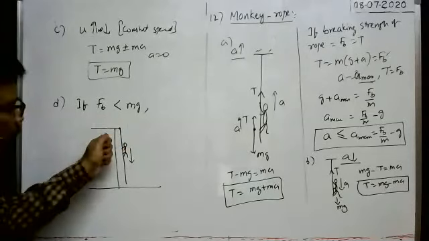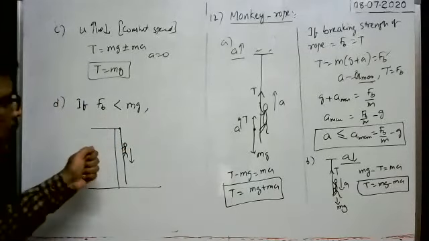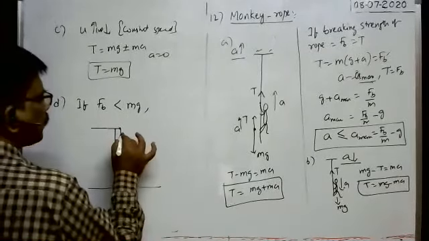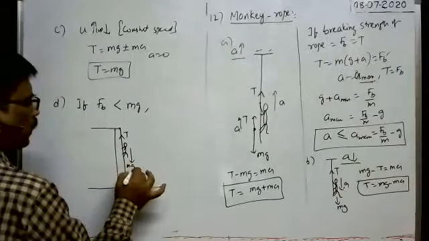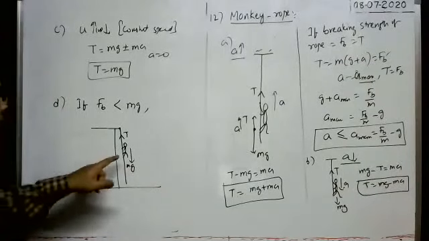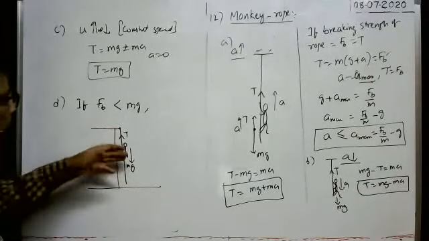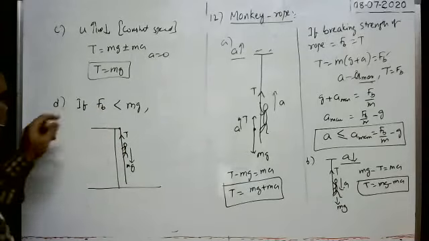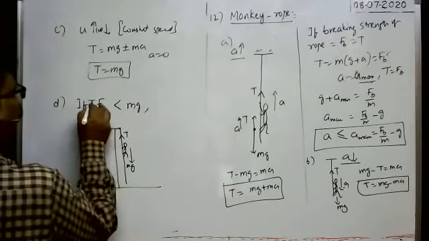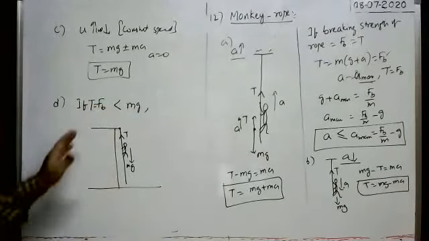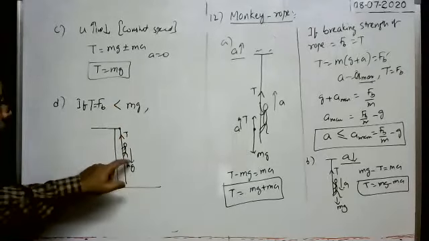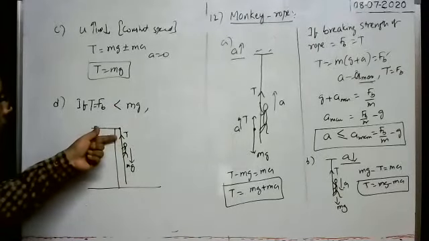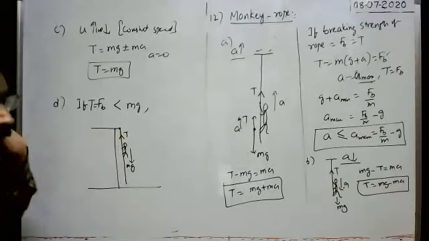The tension developed in the rope is T, and the weight of the monkey is mg. Here the tension can be at most the breaking strength, which is less than the weight. That's why the weight becomes greater than the tension that can be developed in the rope, and the rope will immediately break.